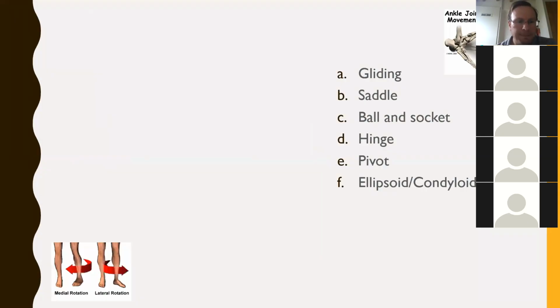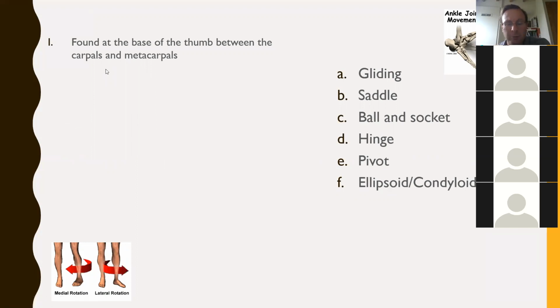So here's the quiz. On the right hand side, we've got the big six joints, and on the left hand side, we've got a description. What I want you to do is pop your answer in the chat box.